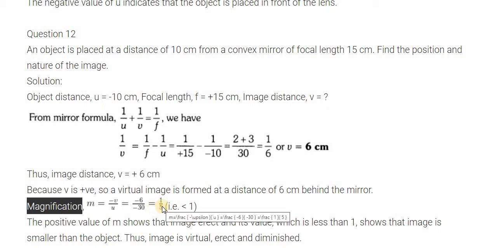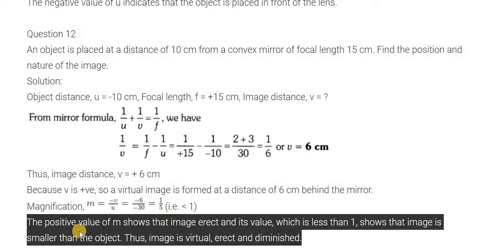So we get 0.6 and it's less than 1. So the positive value of m shows that the image is erect, because minus minus becomes a plus, and which is less than 1, and shows that the image is smaller than the object, and the image is virtual, erect, and diminished.